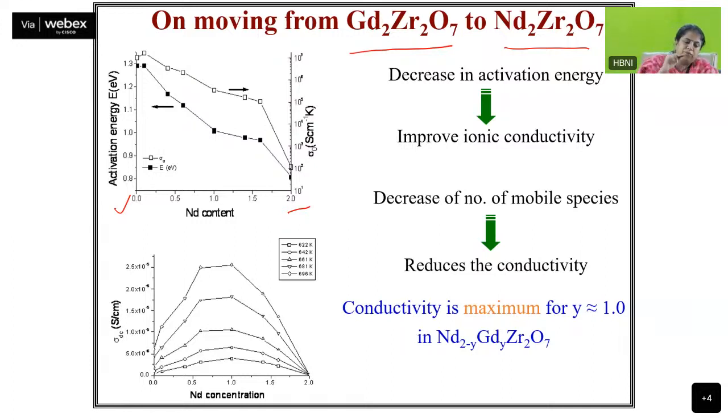What was observed was that the activation energy, as we go from gadolinium zirconate to Nd zirconate, that is from less ordered pyrochlore to the more ordered pyrochlore, is decreasing. That is, it is now easier for the charge carriers to move. They're facing less hindrance. But on the same side, concomitant with increase in Nd, your pre-exponential factor is also decreasing.